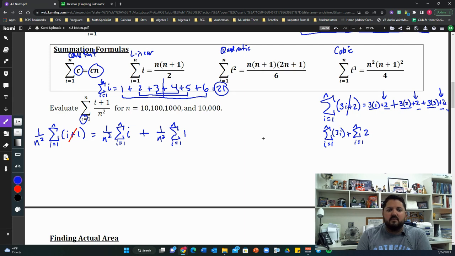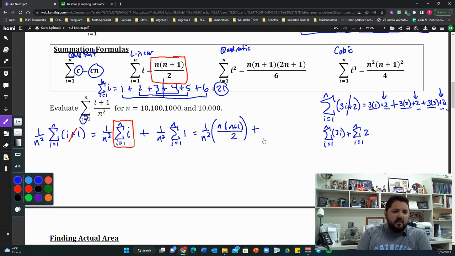Now, because each one of these sigmas has been broken down into just one piece, either a constant, i squared, or i cubed, we can go back to these formulas and replace them. So now this sigma of i will be replaced with its formula. I'm going to rewrite this result as 1 over n squared times n(n plus 1) all over 2.